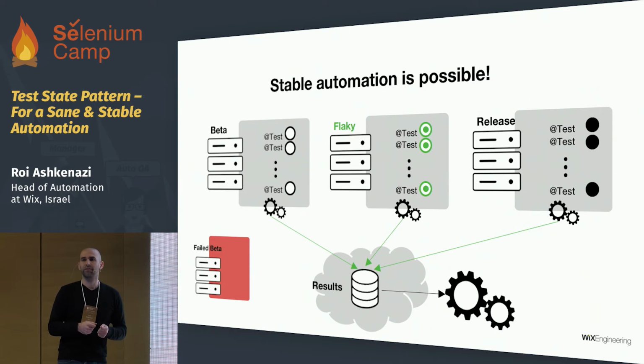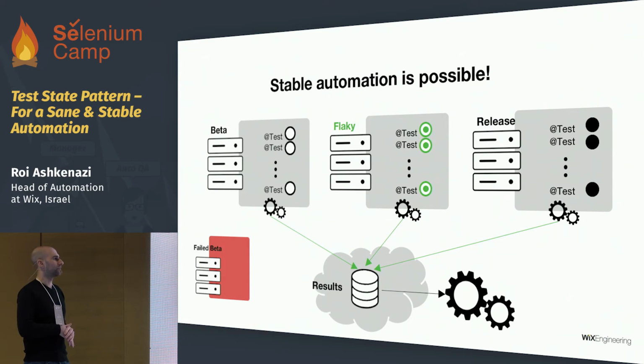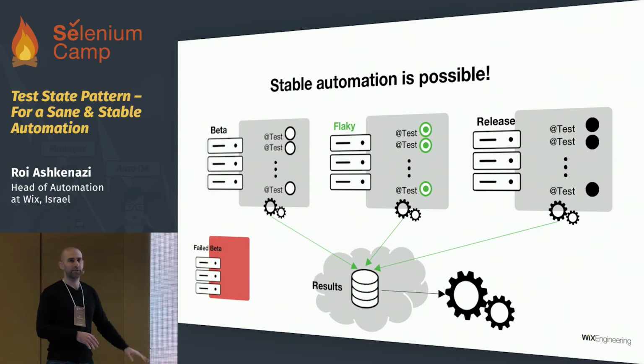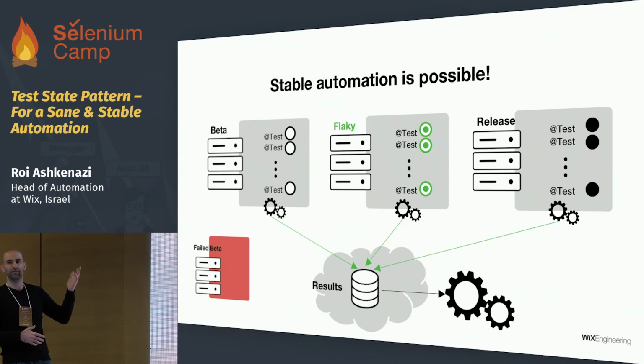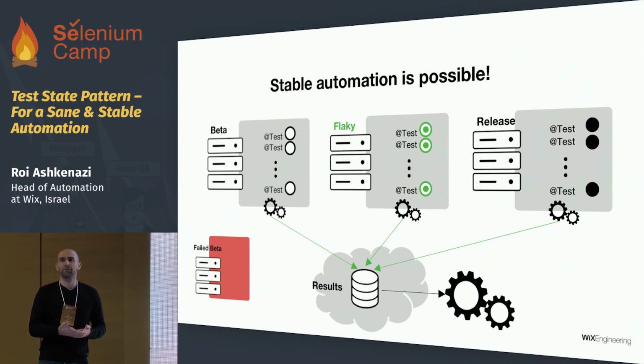And it changes the states according to the run results, according to the algorithm we've presented earlier. And of course, failed beta is on the side, which requires manual fixes. And yes, this is possible. If you have a lot of tests, this pattern will help you achieve a much more stable automation.